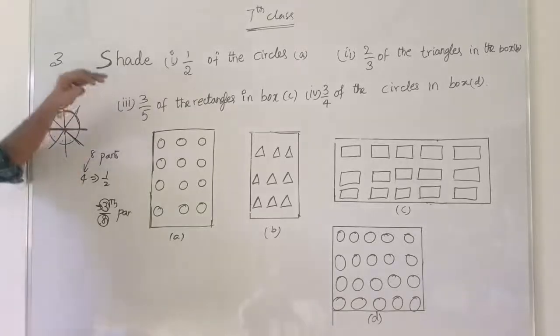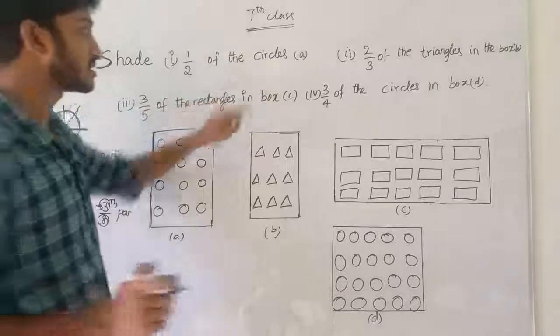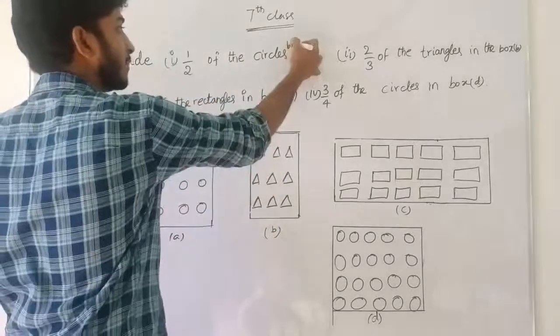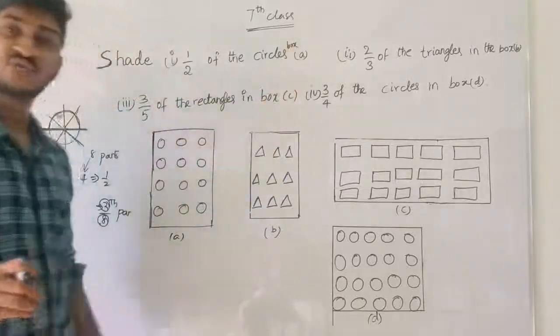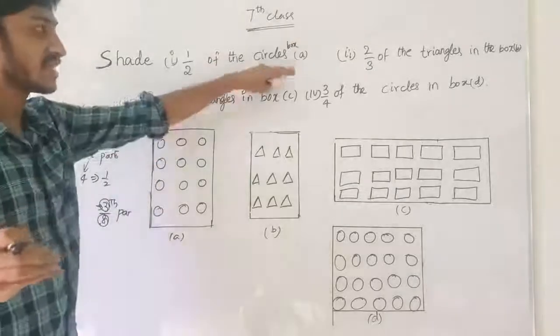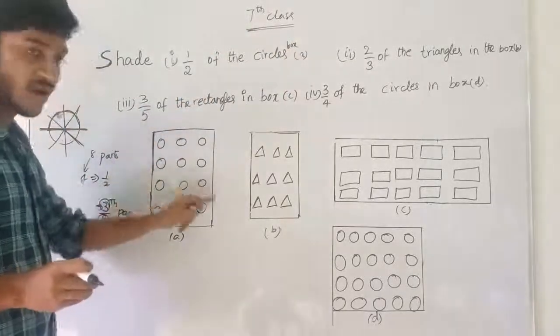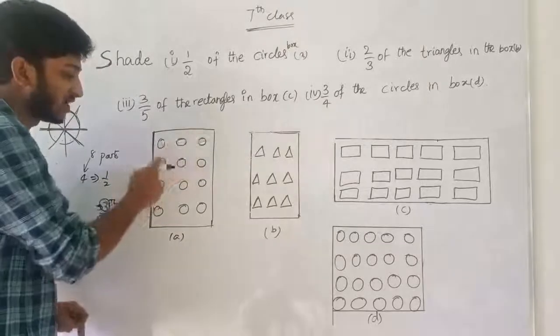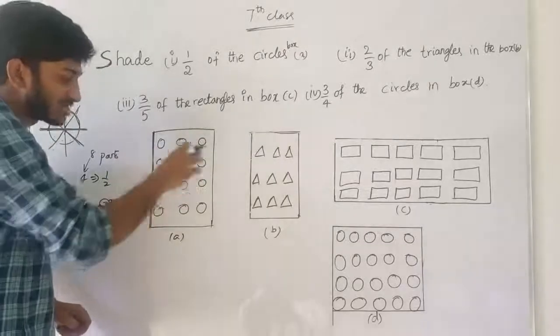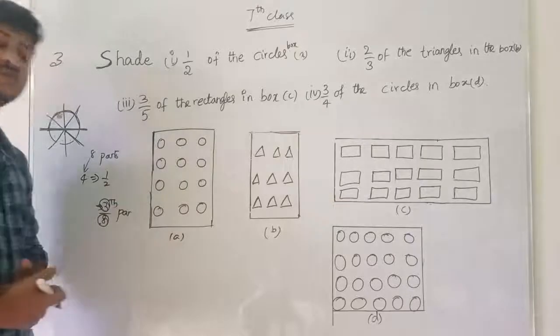Now, half of the circles in box A means we have to shade half of the circles in box A. Where is box A? This is box A. In this box we have circles. Total, how many circles do we have? 12 circles.